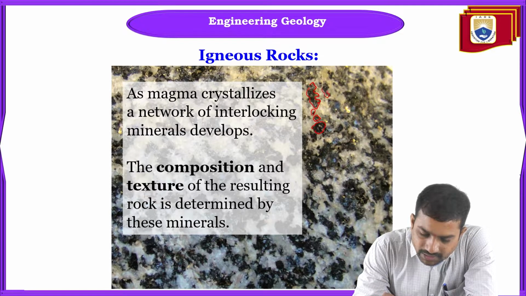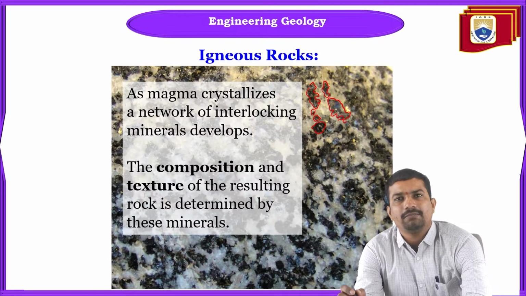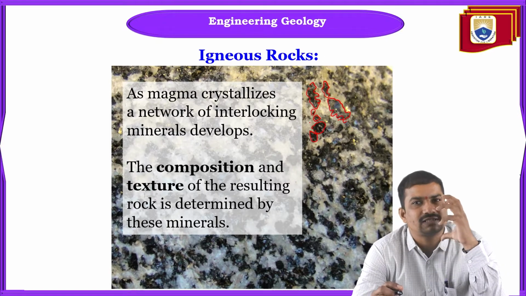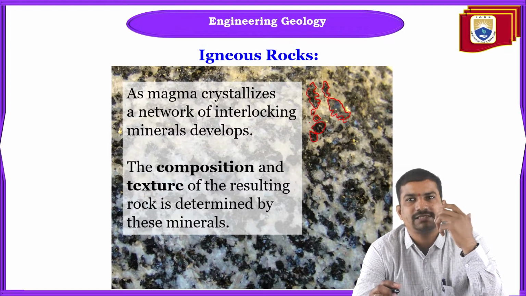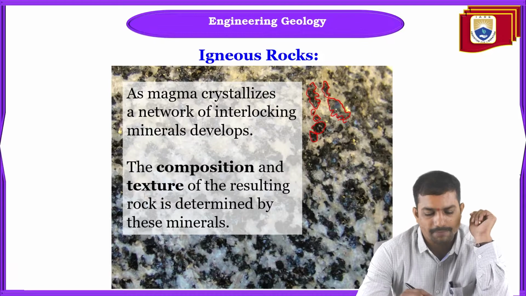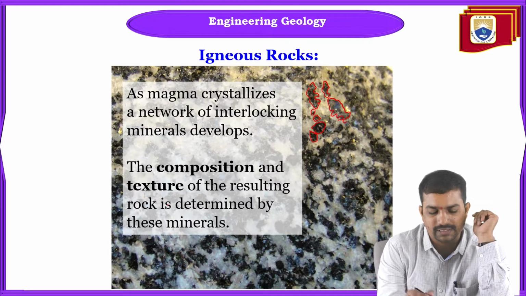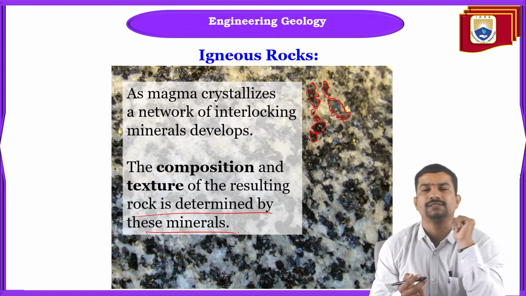The interlocking of these minerals makes the bonding at some higher temperatures. After they are completely melted, this interlocking of various minerals makes granite such a hard, resistive material. The composition and texture of the resulting rock is determined by these minerals.